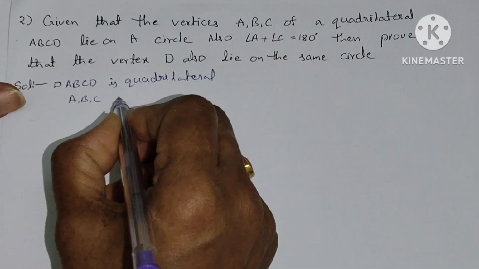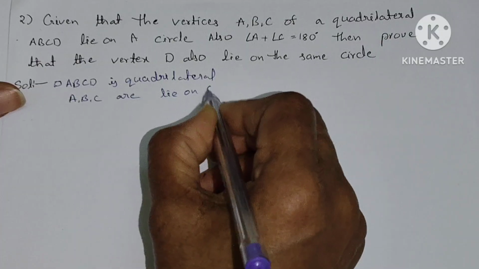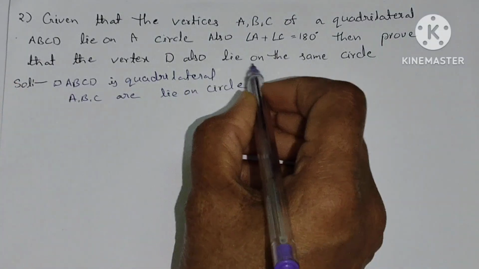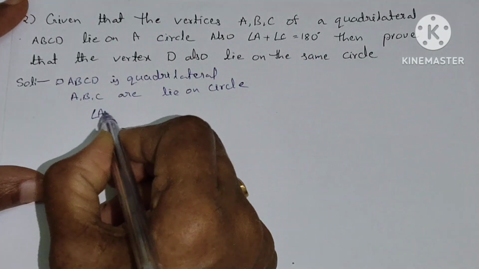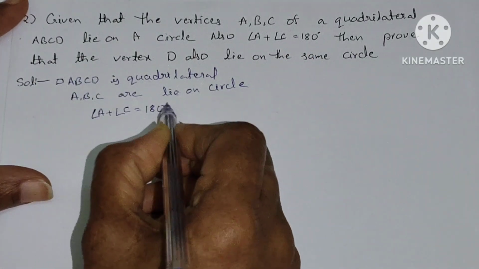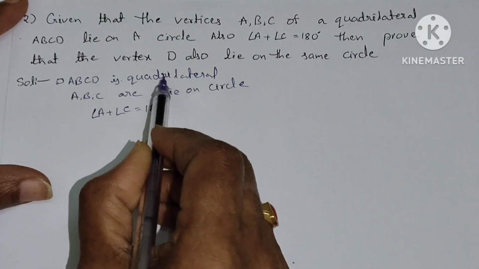ABC points lie on the circle. Now we show that D lies on the circle. Here angle A plus angle C equals 180 degrees. The sum of the angles in a quadrilateral is 360.